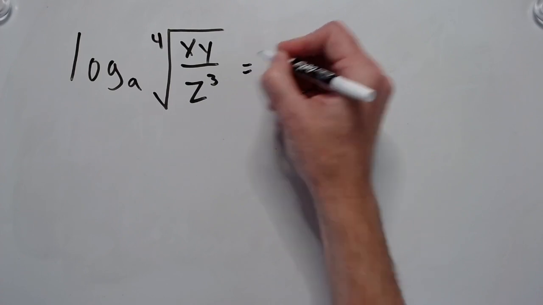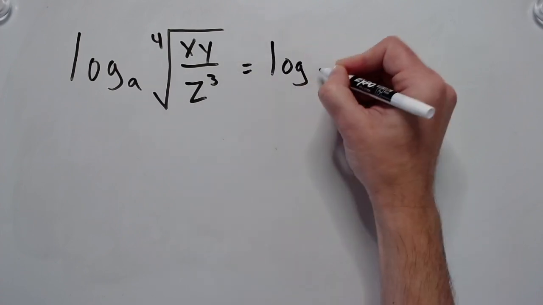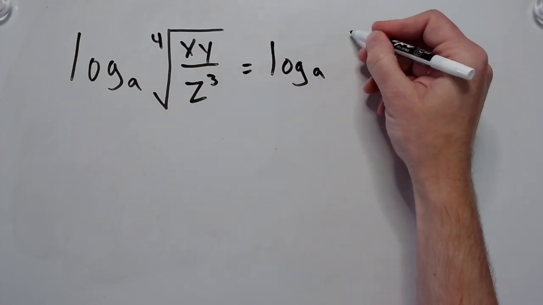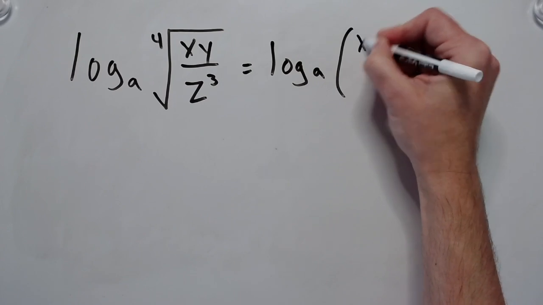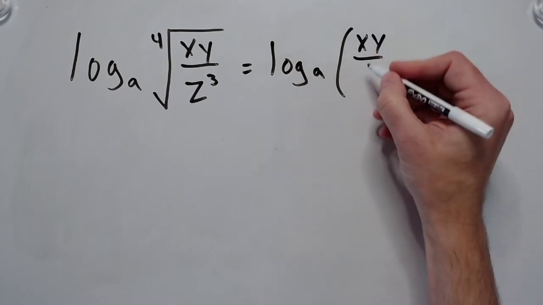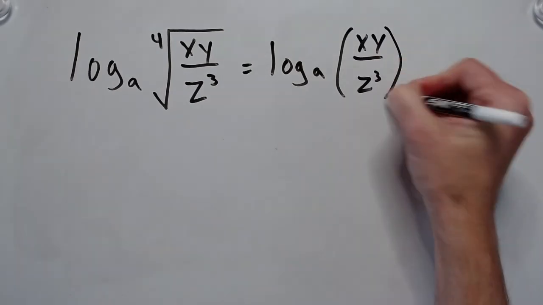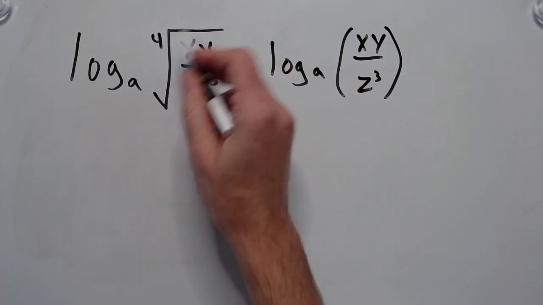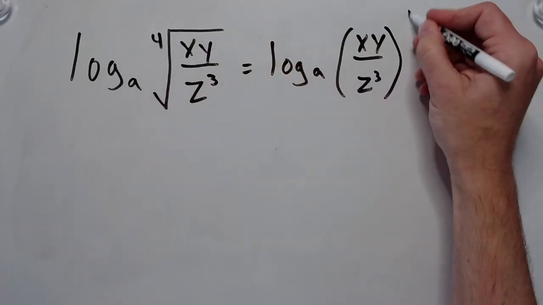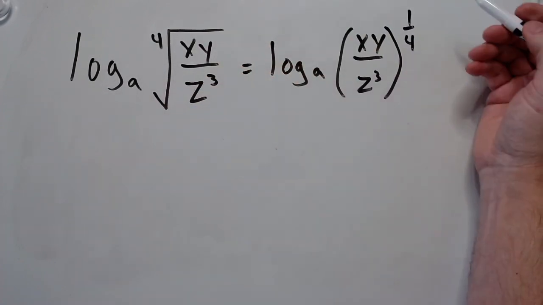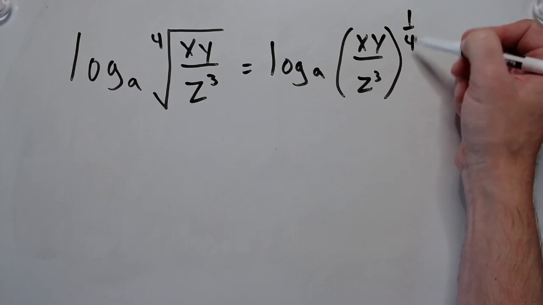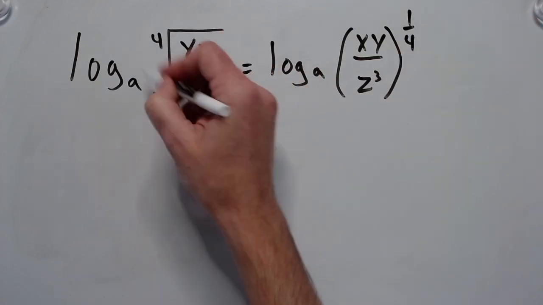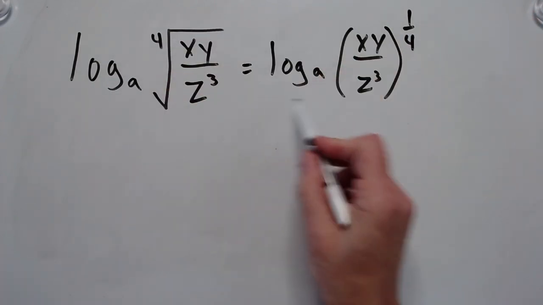What we're going to do is just rewrite this as log base a of x times y over z cubed, and to get rid of this radical sign, we'll just write it as a fraction to the 1/4 power. Remember, when you have a fractional exponent, the bottom becomes a root like this. So we have something really easy staring at us.